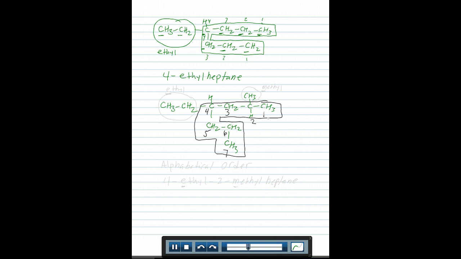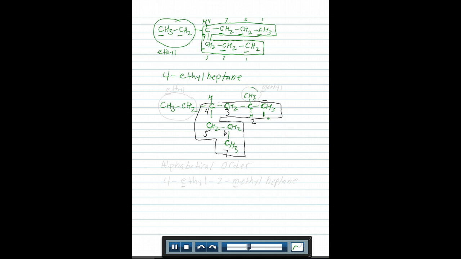Alright, so I have the longest chain outlined and I have it numbered. Notice this carbon right here is carbon 1 in this case. This carbon right here is carbon 2. Here's carbon 3, carbon 4, carbon 5, carbon 6, carbon 7. Okay? Why did I start over here?